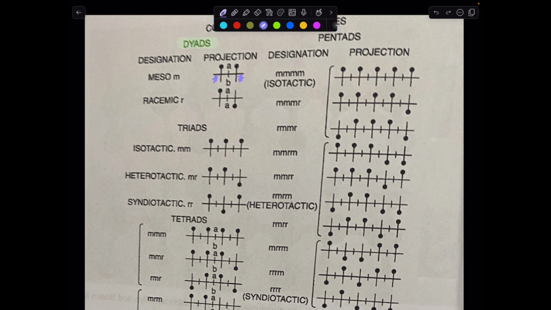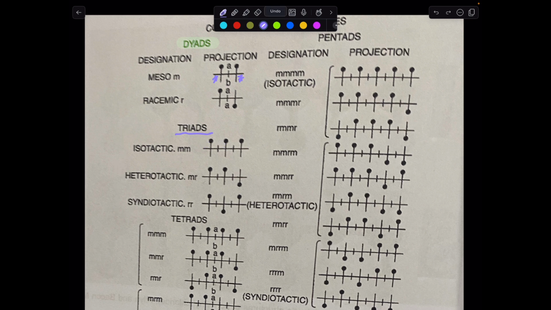Coming to triads with three pseudochiral centers, we can have three kinds of triads. First is isotactic, in which all the pseudochiral centers are meso with respect to each other, so they are denoted as meso, meso, MM.